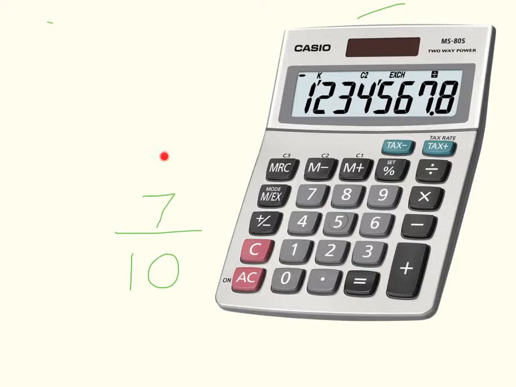One more time for this fraction right here. Say it with me. 7 divided by 10 equals. And then you'll see an answer pop up on your calculator screen right there, and that's your answer. That's your decimal. Yay. Done.